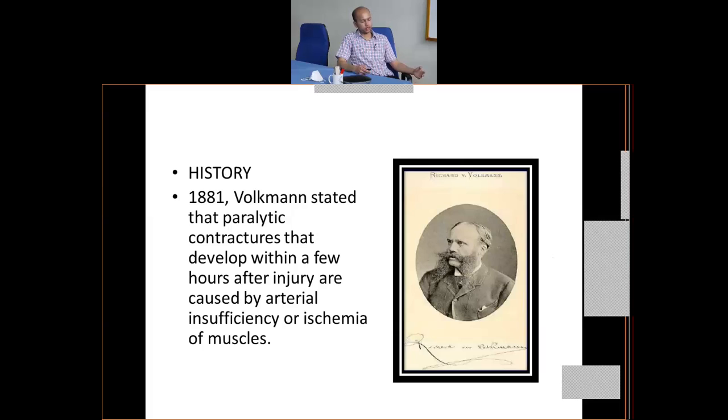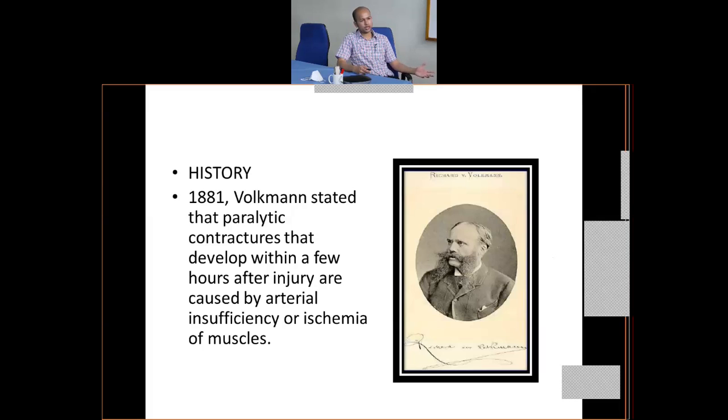See what happens once there is an occlusion to that arterial circulation. It itself doesn't lead to ischemic contractures. There is ischemia, and ischemia will lead to tissue necrosis. And once there is tissue necrosis, the cells will die, the muscles will start dying.